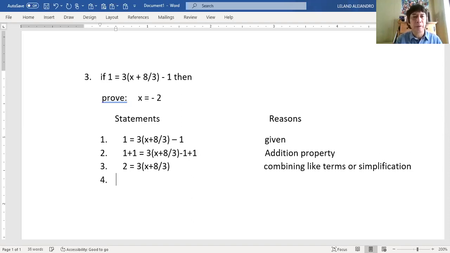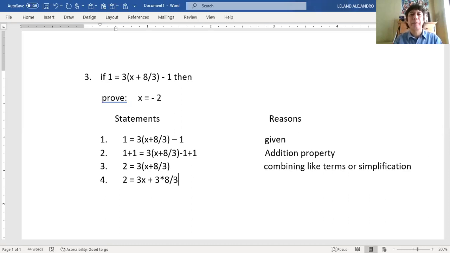There. Next, we now have 2 equals 3 times the quantity x plus 8 over 3. We shall manipulate the right side by way of distributive property. So this will be 2 equal to 3x, and we have plus 3 times the quantity 8 over 3.